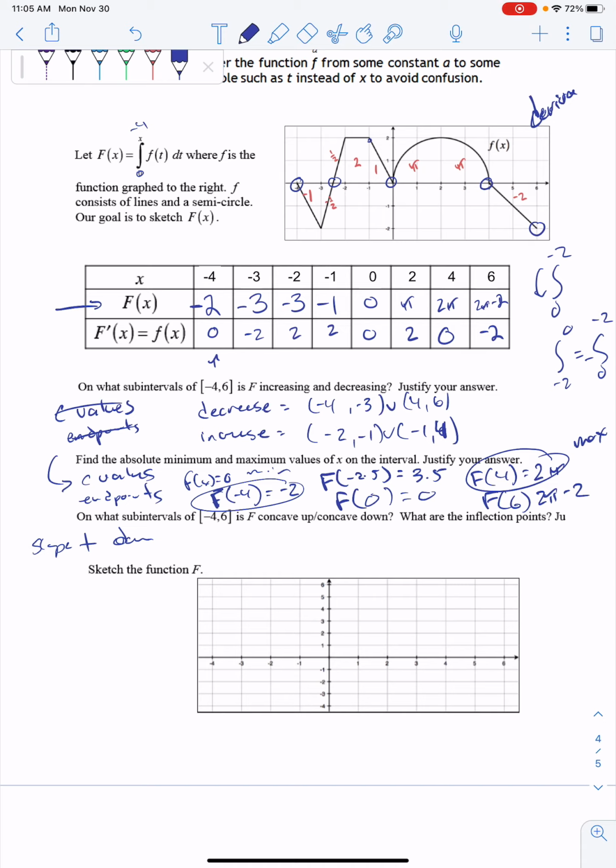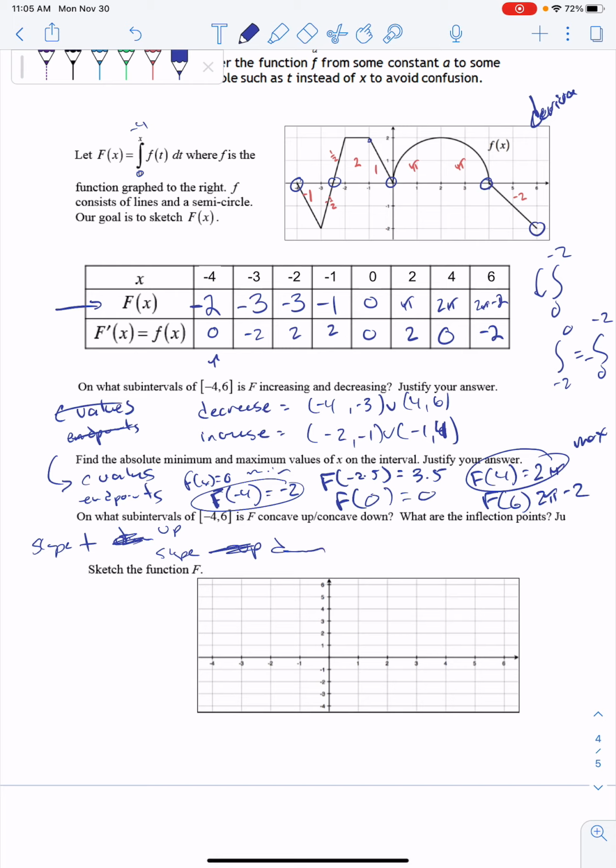If my slope is negative, let's see. If my slope is positive, it's concave down. If my slope is negative, it's concave up. Or am I writing that down backwards? I think I'm writing that backwards, right? Slope positive is concave up. Slope negative is concave down.